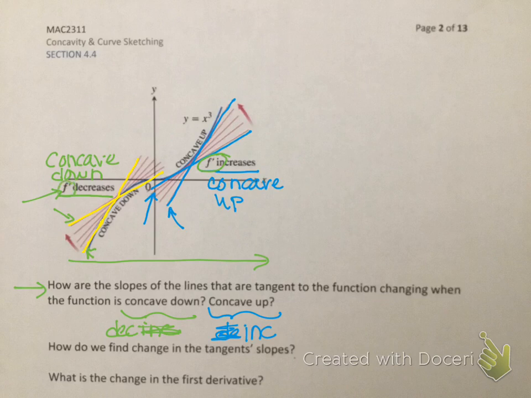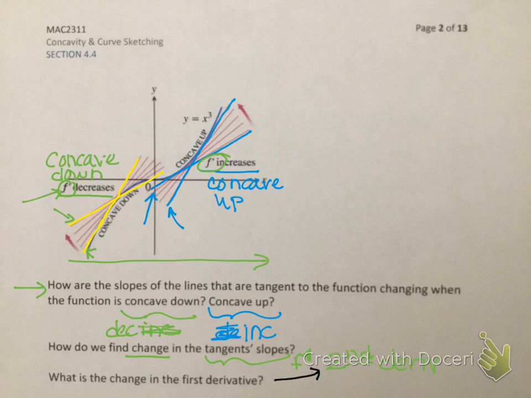Now, I'm talking about slopes of tangent lines. So how would I find a change in a tangent line's slope? In other words, how would I find a change in a first derivative? That's a derivative mark right there. Well, to do that, I would take the second derivative. And the change in the first derivative is the second derivative.